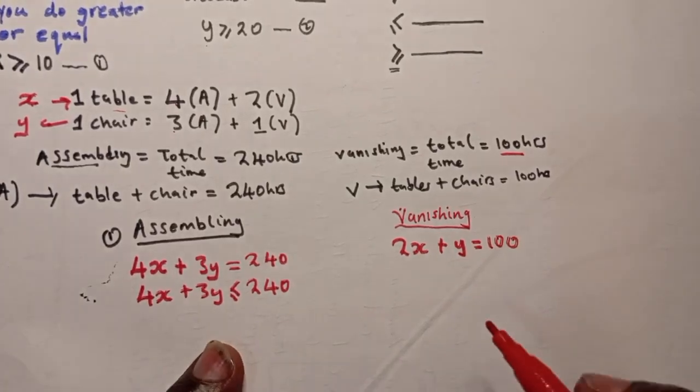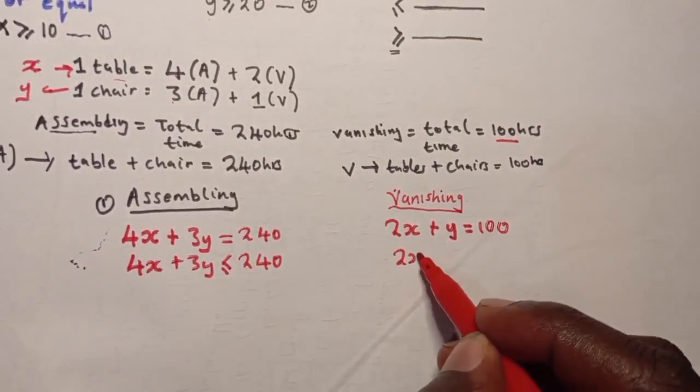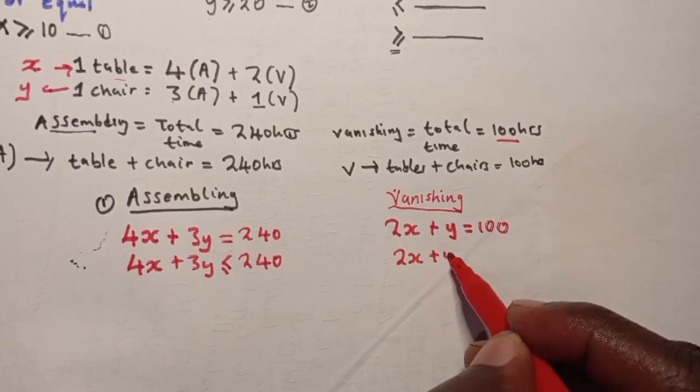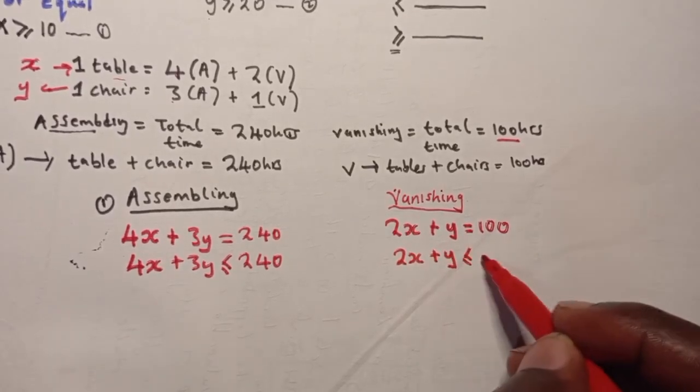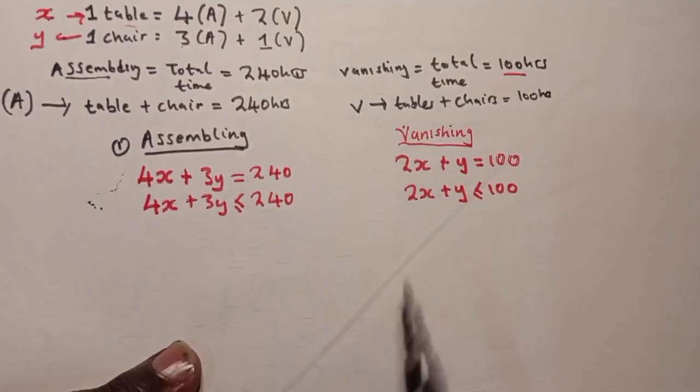Now since we are dealing with time again, this is the allocated time. This is the time that you are given and you can't exceed it. You can either finish earlier or at that same time, so it's less than or equal to. And these are our inequalities.